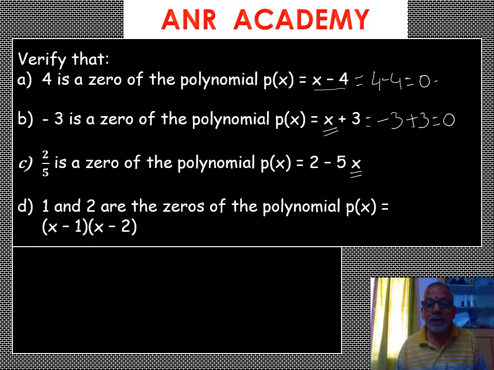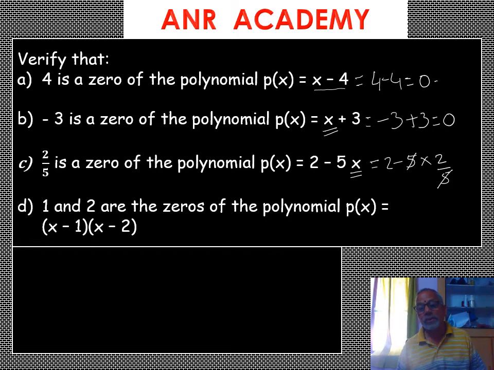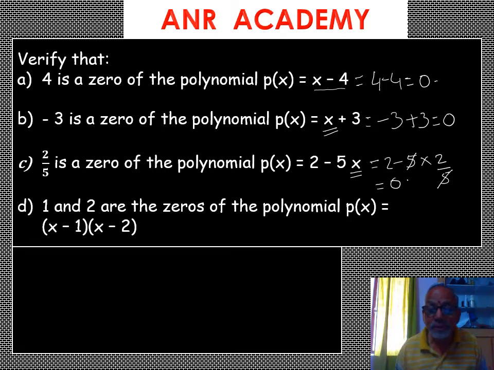So let us take that. 2 minus 5 into 2 by 5. This 5 and this 5 cancelled. So 2 minus 2 gives you 0. So it is very clear: 2 by 5 is a zero of the polynomial p of x is equal to 2 minus 5x.